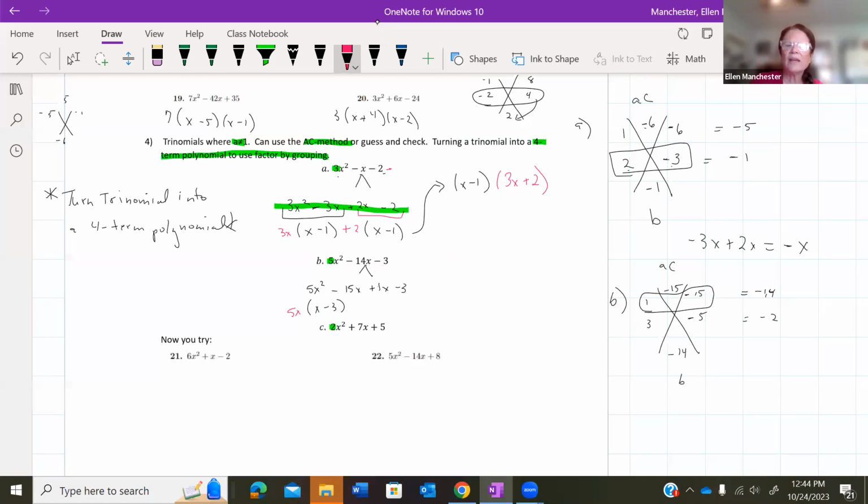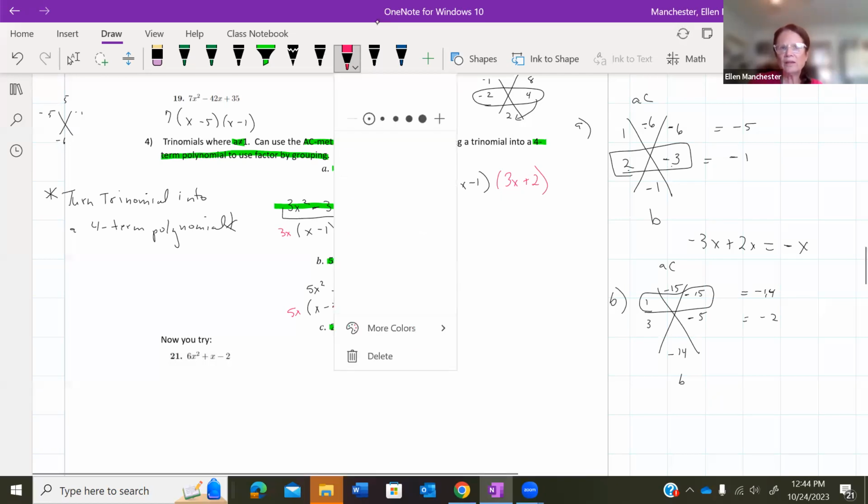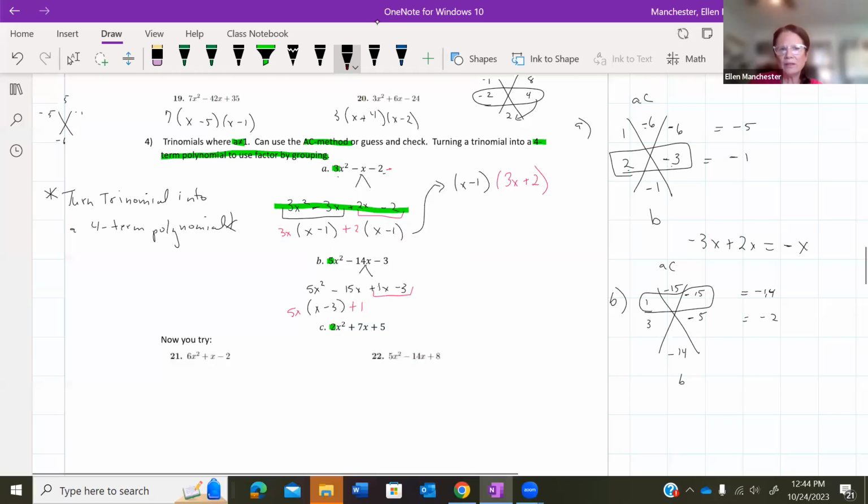What's in common? Now, here's where the trick comes in. I have to have a part to attach to my 5x. I can't just leave it alone. So when I have something that has nothing in common, the only thing in common is a 1. So I have to factor out a 1. And I end up with x minus 3.